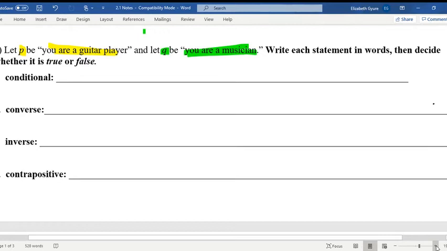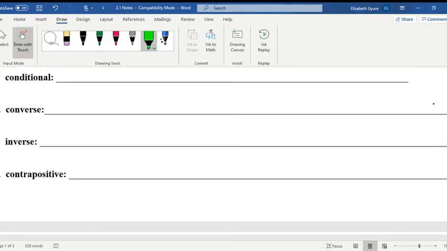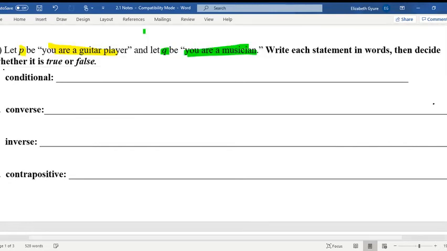So our conditional statement, that's just our original if-then statement. It might help you when we're doing these to look back up at your chart because those symbols really help you figure out your order. So a basic conditional statement is if P, then Q. If our hypothesis, then our conclusion.